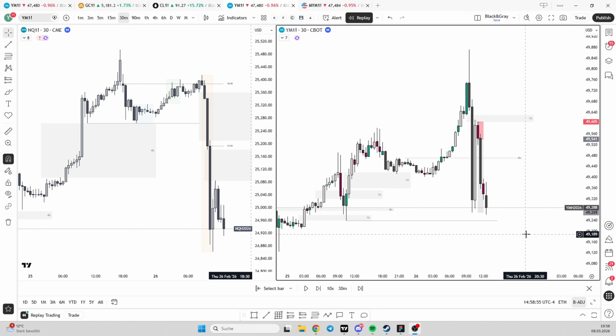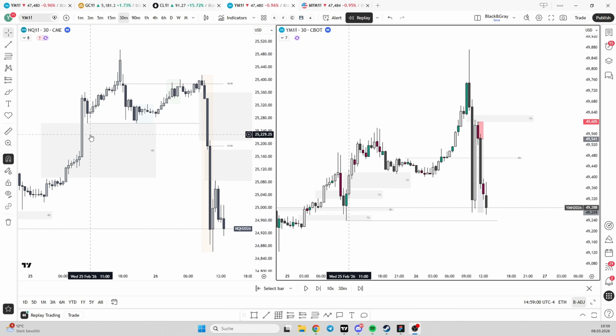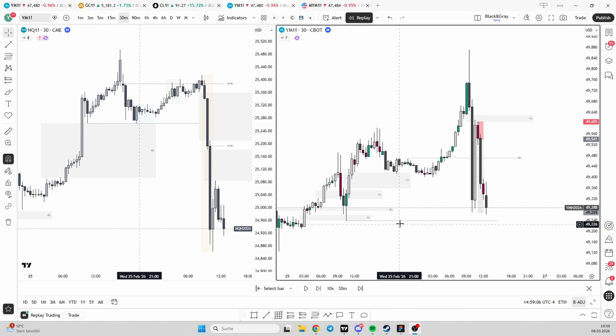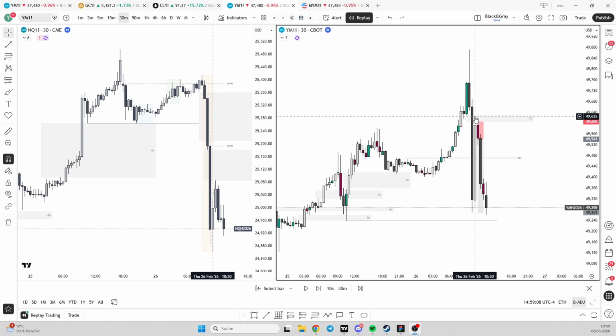This is the first example for the strength switch continuation. As you can see, NQ took this low a while ago, so it's the weaker one, and YM is the stronger one because it's above the low.